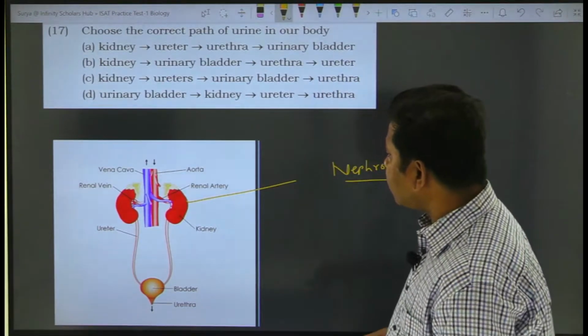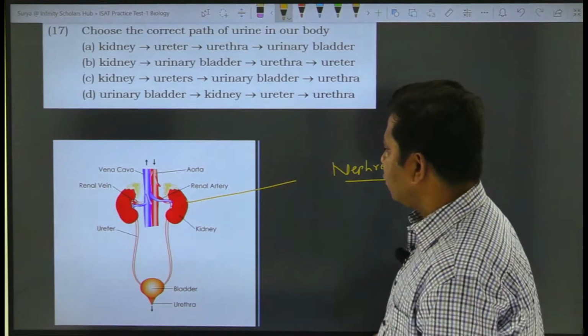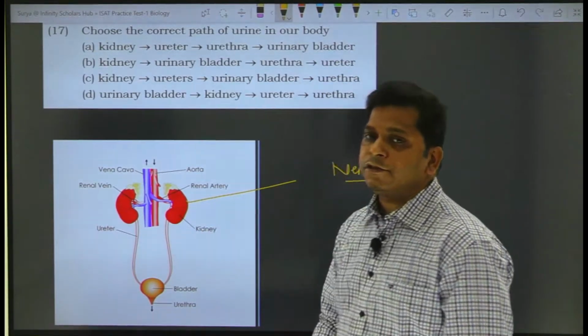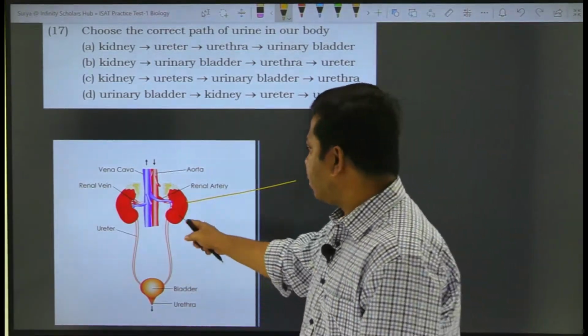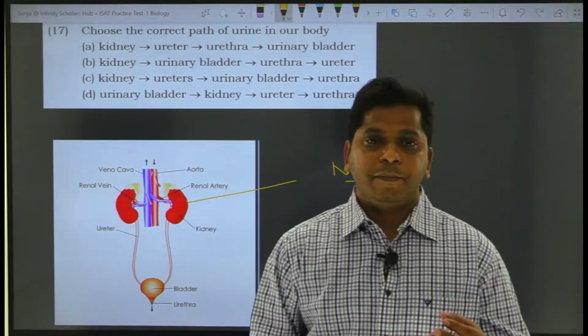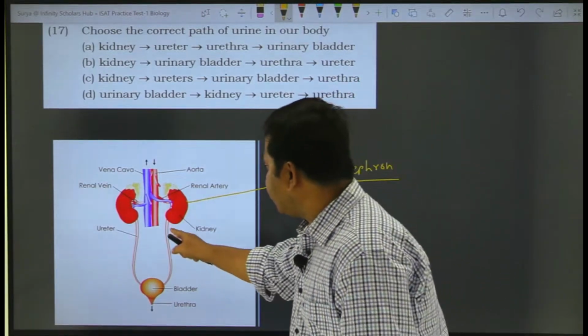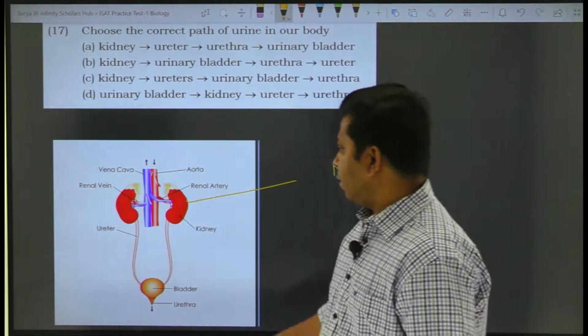So, the filtration is happening in the nephron. Once the filtration is done, the filtrate will be carried out by a duct from the kidney into a storage part.